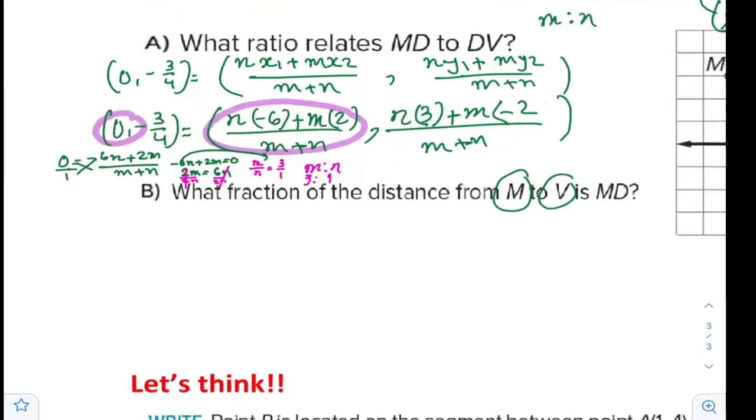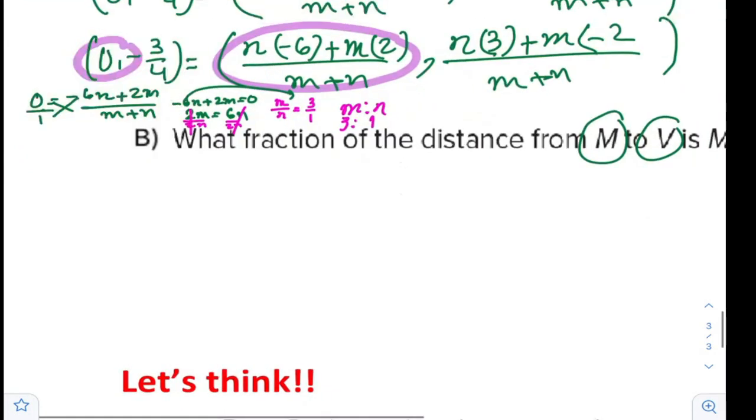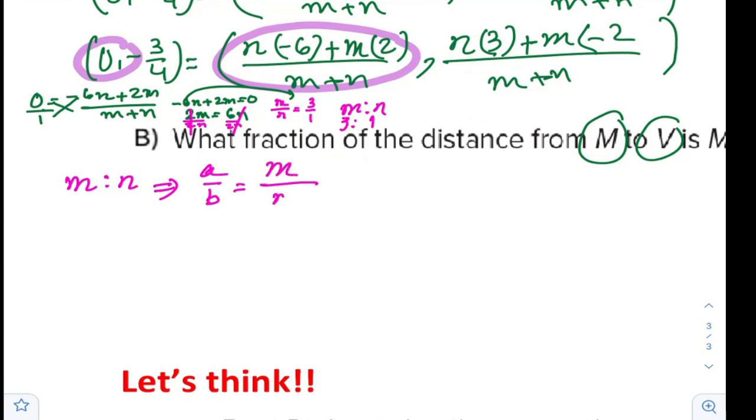Now we can do the same thing here for the fractional distance, but there is a simpler rule for that. What is this rule? It is said that if you know m to n, then a over b is m over m plus n, as easy as this. So we know that the ratio is 3 to 1.